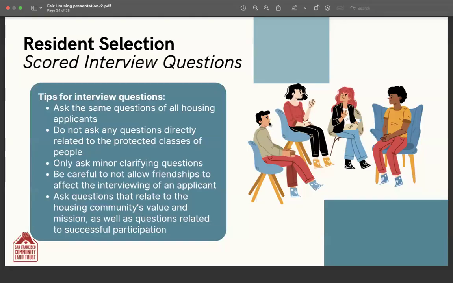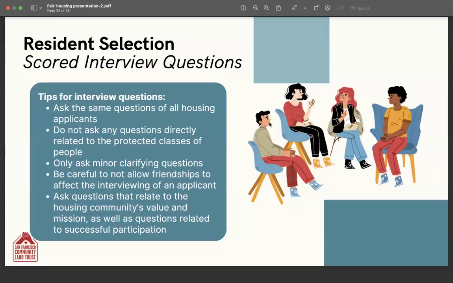And we can actually provide examples of interview questions that have been reviewed by fair housing lawyers and accepted by housing departments across the Bay Area. And you want to make sure in the process that you're only asking minor clarifying questions. So not going completely off topic, but just making sure that you understand the answer that somebody has given to a particular question.